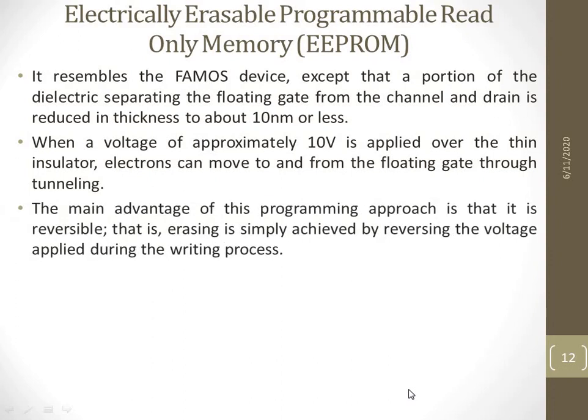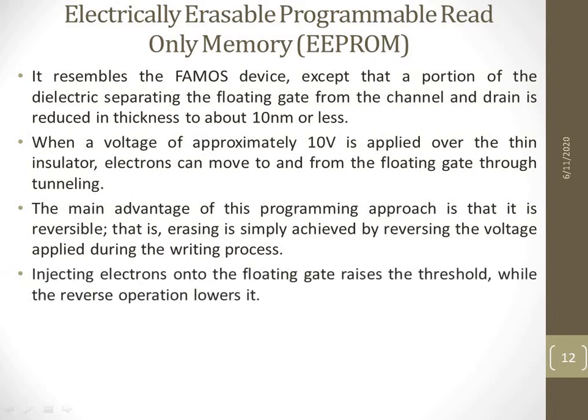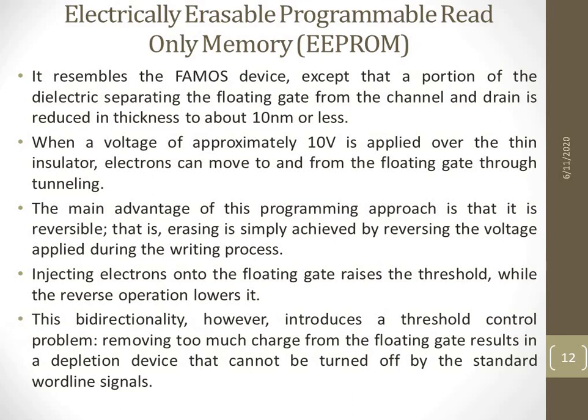The main advantage is that it is reversible. Erasing is simply achieved by reversing the voltage applied during the writing process. Injecting electrons onto the floating gate raises the threshold while the reverse operation lowers it. This bidirectionality, however, introduces a threshold control problem.